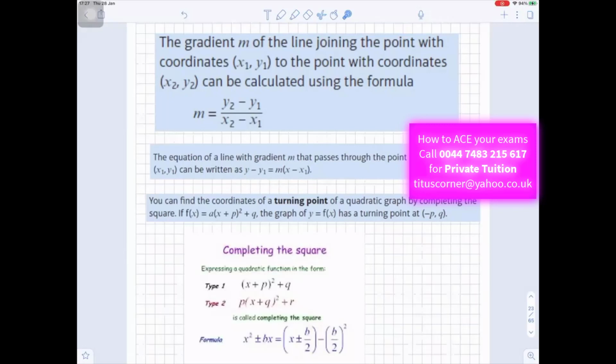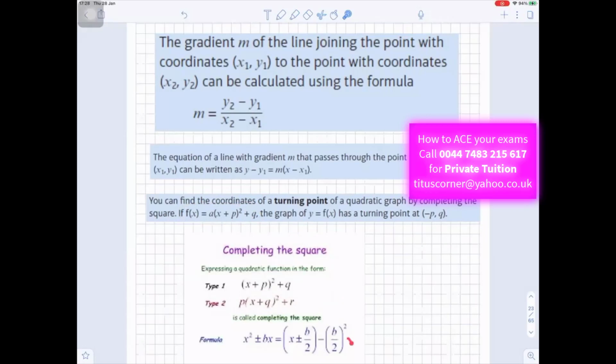And we're also going to use this one: f of x is equal to a bracket x plus p all squared plus q, and the turning point is minus p, q. So, very important, the ones I've circled, we're going to use them to do this question. And when you complete the square, p bracket x plus q all squared plus r is the same as this.